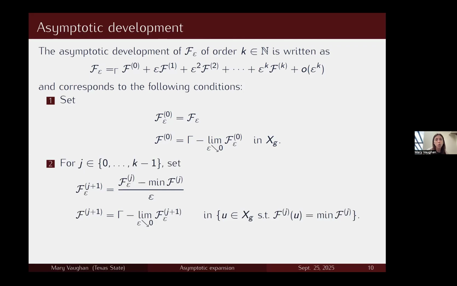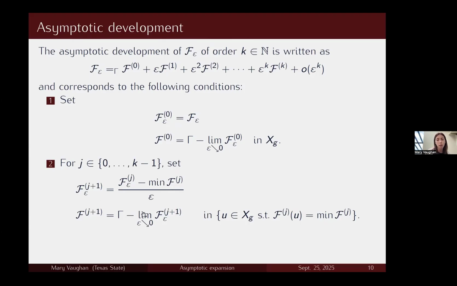Now, to talk about the higher order asymptotics, we look at difference quotients. So if I want to find what, say, the first order term is, I define F epsilon 1 to be F epsilon 0, which in that case is just F epsilon, minus the minimum value of F0, all divided by epsilon.